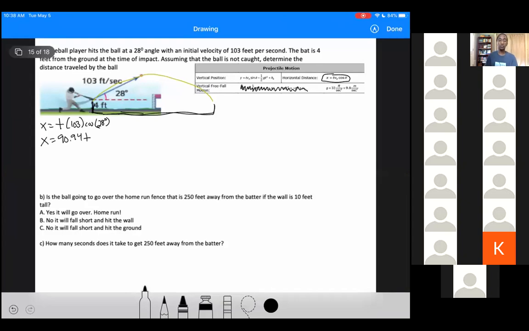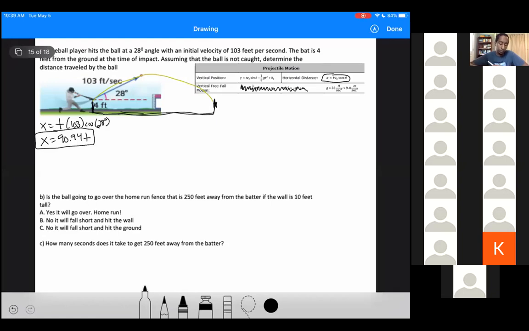This is our equation for horizontal distance. So what we're trying to find is x, right? We're trying to find x in this equation. But we actually don't have enough information right now because we need to know how much time it took, t representing time, for the ball to get over here.